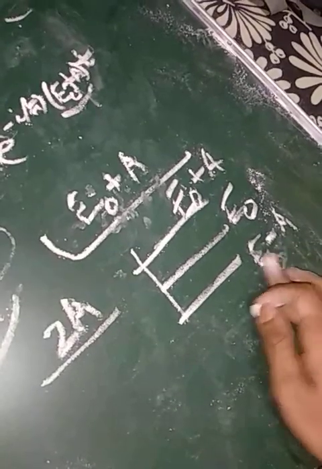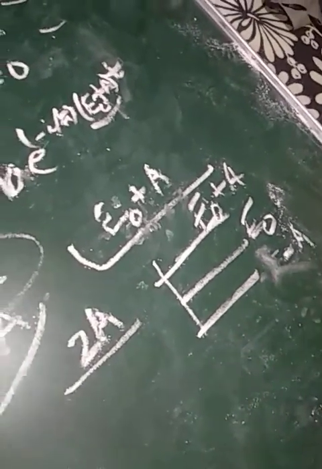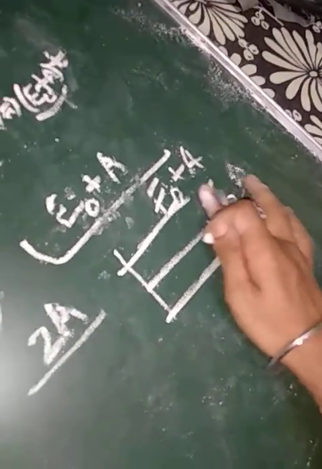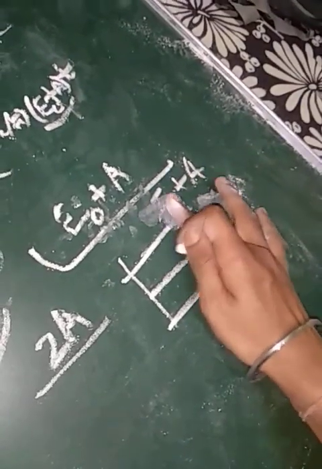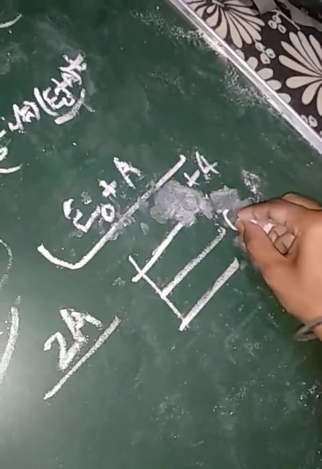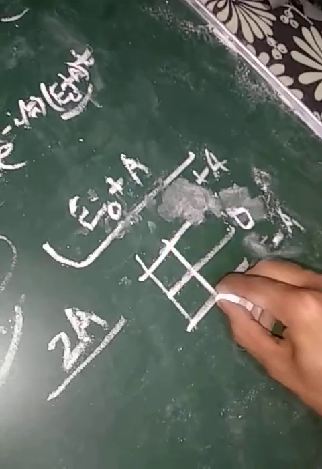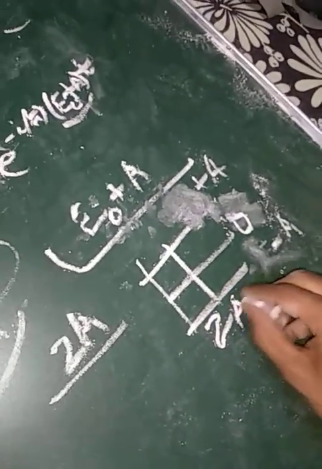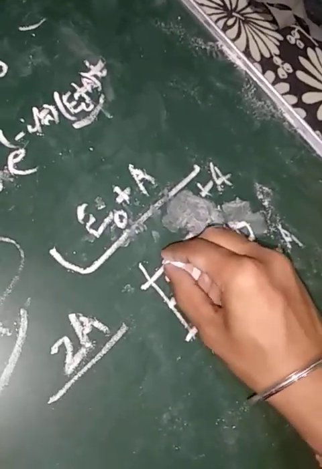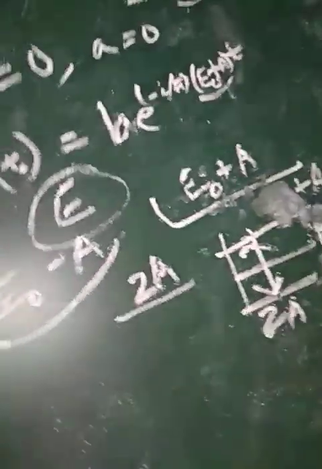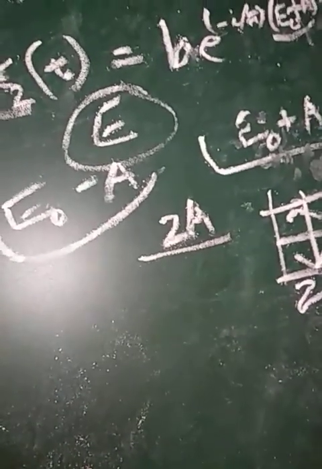So basically this is minus A, and this is 0, and this is plus A. A transition of 2A occurs if there is a state jump. Okay. But we are not clear with the states. We will make it clear later on.